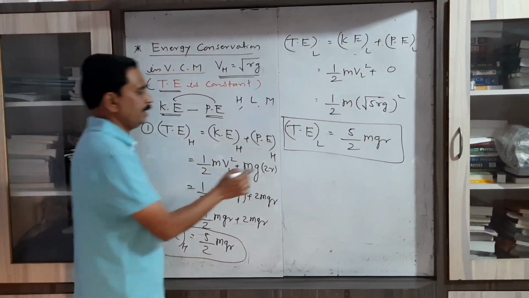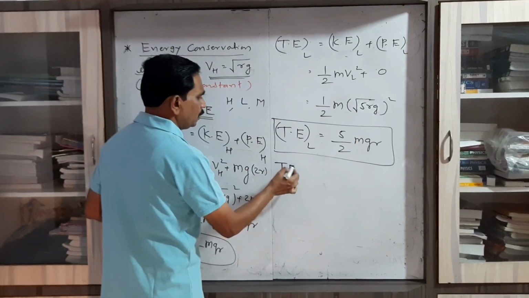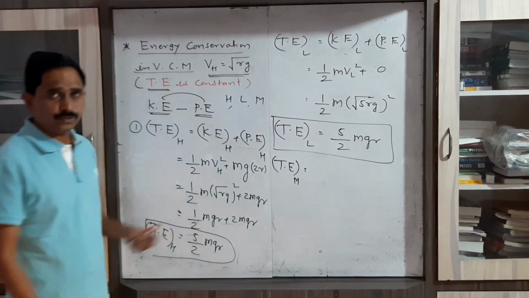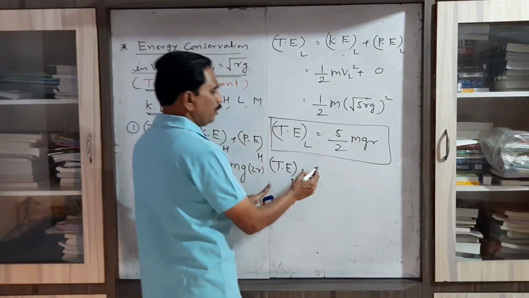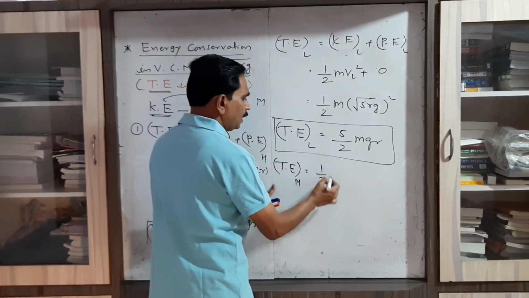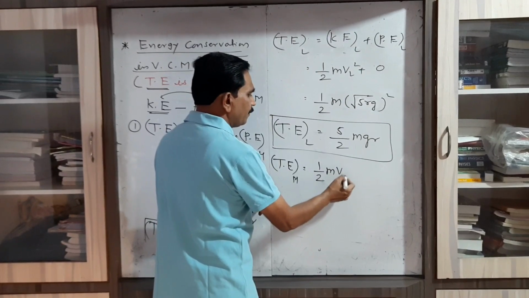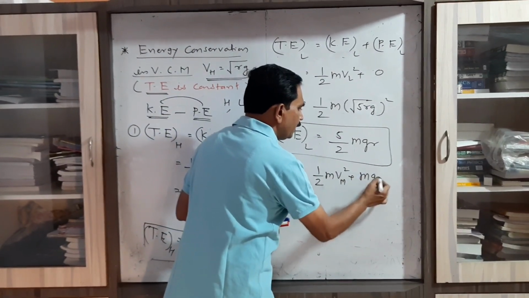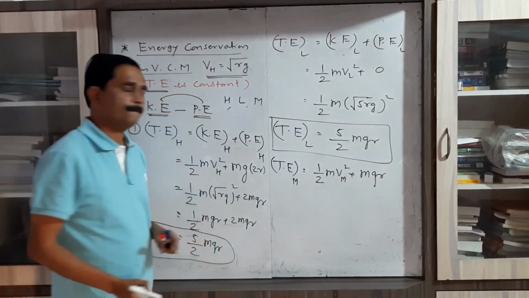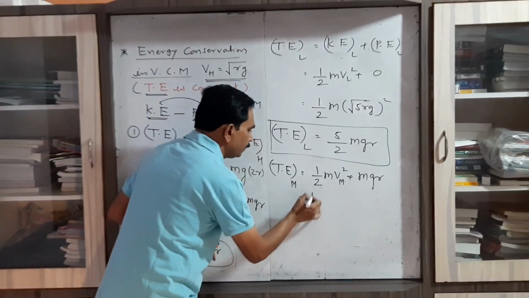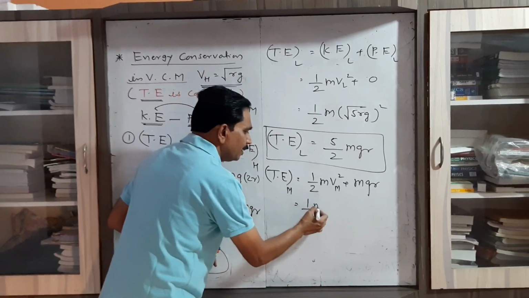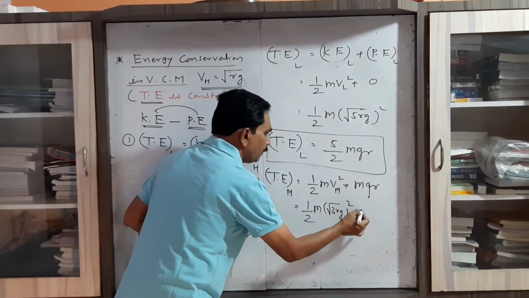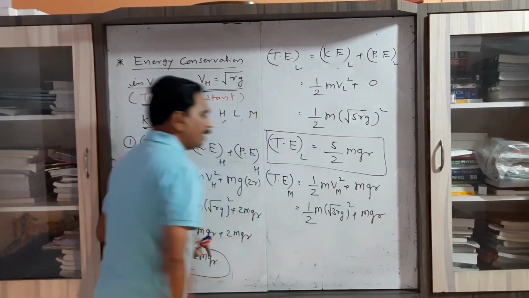Now in a similar way, we can find the total energy at the middle position or horizontal position. Now put the value of kinetic energy, that is half m vm square. Put the value of potential energy, simply mgr. Now the velocity of that body at the middle one is under root of 3rg, plus mgr.